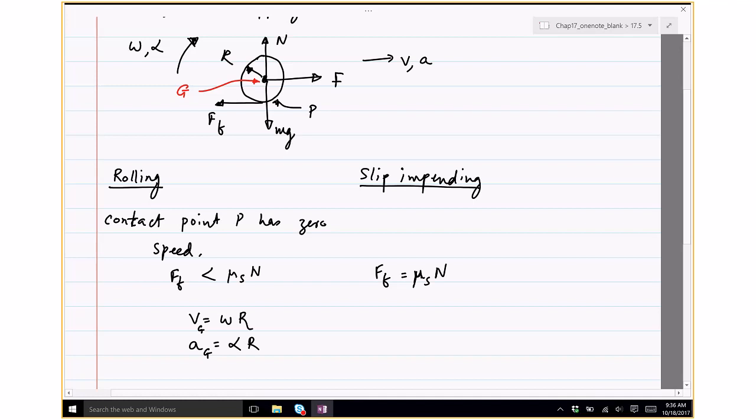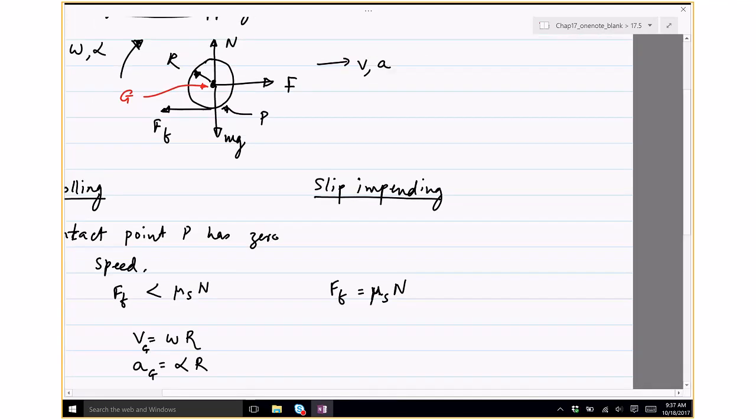So if you put your foot too hard on the accelerator or on the brake, then the friction force becomes equal to mu s times n, and then you'll have slip impending. That is the point where the slip initiates.